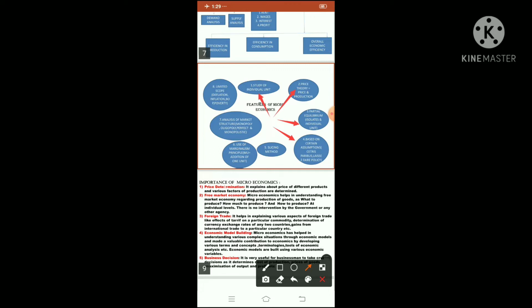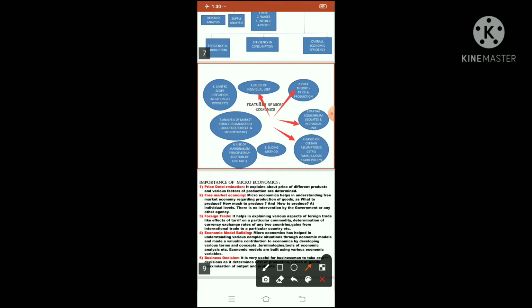And only one concept they will study, that is ceteris paribus and laissez-faire policy. That is, using only a single unit and studying ceteris paribus, one thing. So they use these policies, the laissez-faire policy and the ceteris paribus method, using only one concept, one thing in mind and studying.